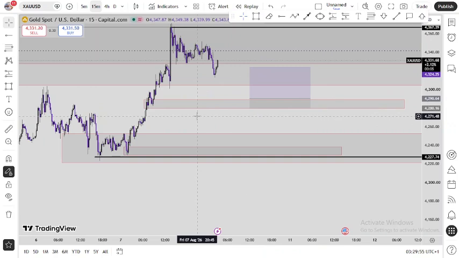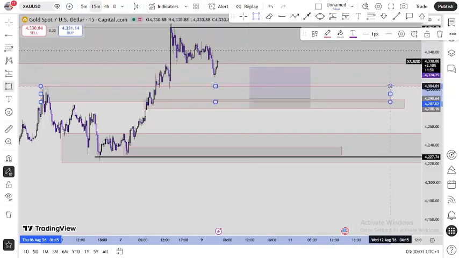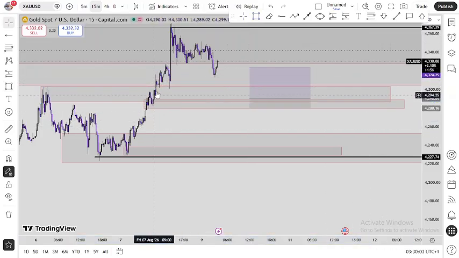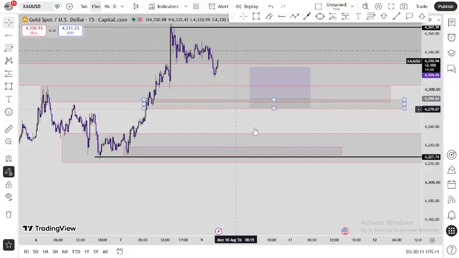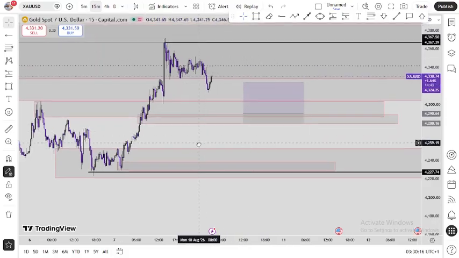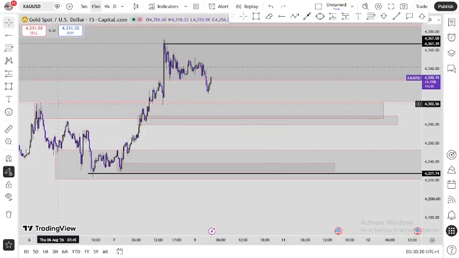On DXY, we have this previous high here that has been broken, and we could definitely see price coming back to retest this supply area here, instead of the one that I have marked out before, continuing its bullish trajectory up. But yeah, for now this is what I'm looking for on gold. Let me change this.